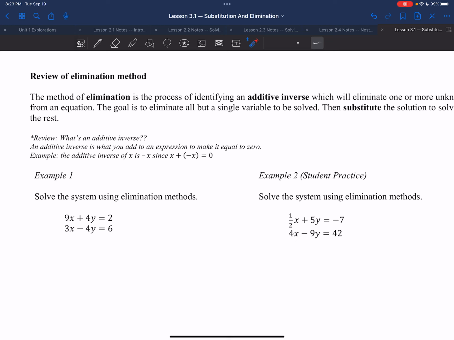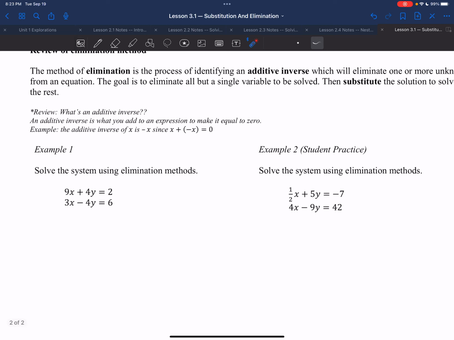If I have 5, what do you add to 5 to get 0? Well, -5, right? So the additive inverse of x is -x. If I have a -3, the additive inverse is 3. Done. Yeah, that's the basic premise.